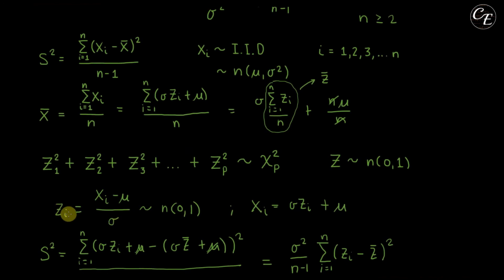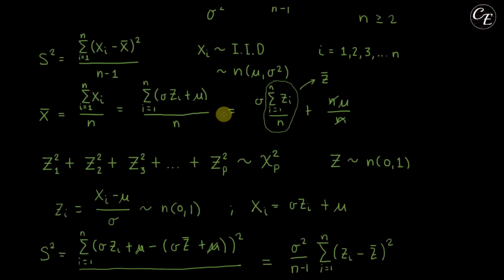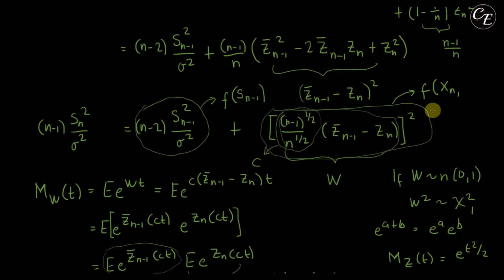So for z sub n, since this mu and sigma are constants, it is a function of x sub n only. So we can put here, it is a function of x sub n. And then for this z bar sub n-1, this sigma and mu are constants, so this z bar is a function of x bar only. So we can put here x bar sub n-1.